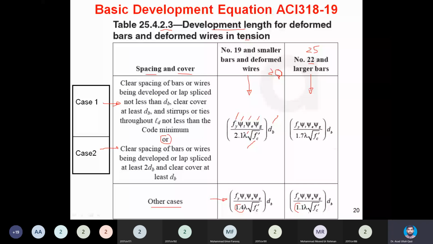So it means if spacing and cover are not fulfilling the recommended, then we will have to increase the Ld and other cases are to be followed.